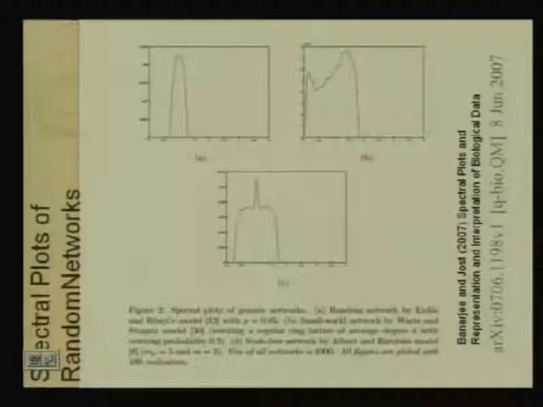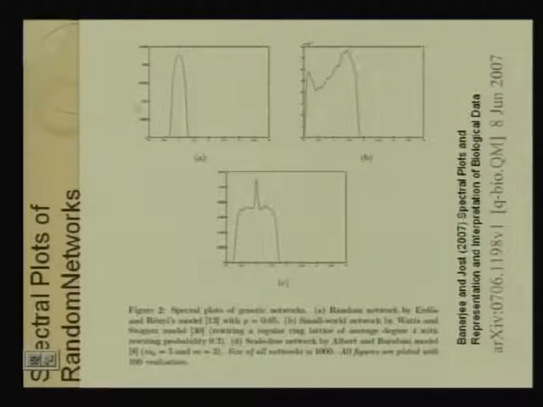As I said, if you have a very large graph, you will see very nicely looking curves rather than all the eigenvalues at -1 and 1 at n minus 1 and so on. So, here are some examples. I have taken them from a paper by Banerjee and Jost. All these experiments were on the graph Laplacian, but do not worry at all, just look at the shape, because even if you had done it on the adjacency matrix, the shape would not have changed much, but the scale would have changed.